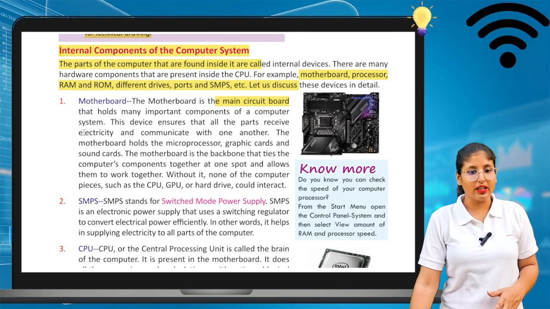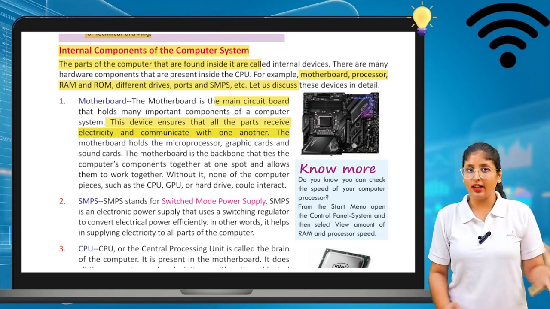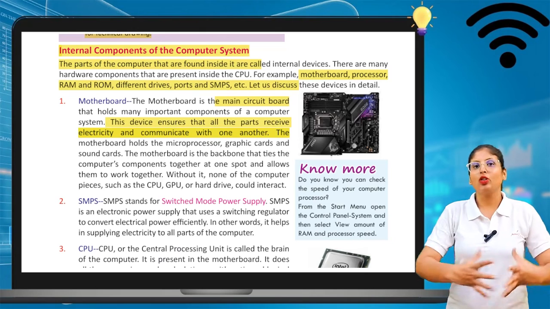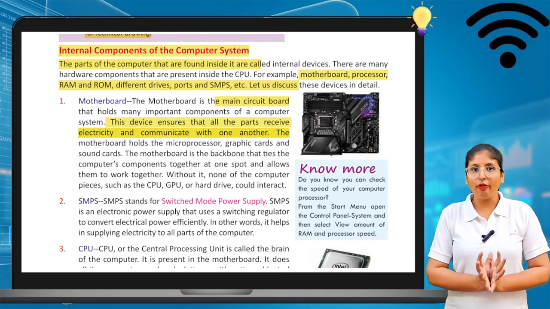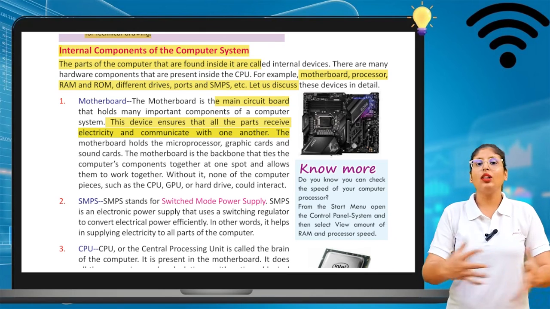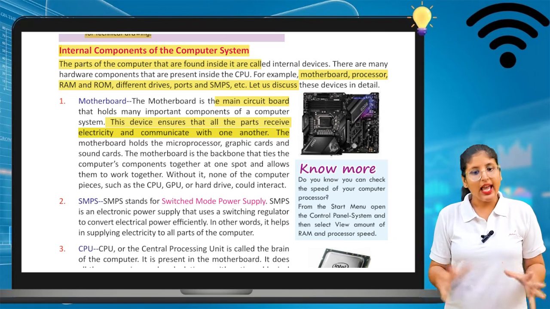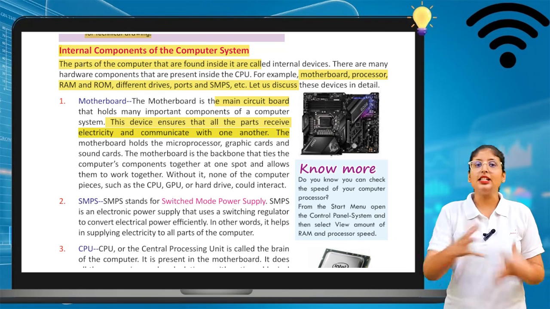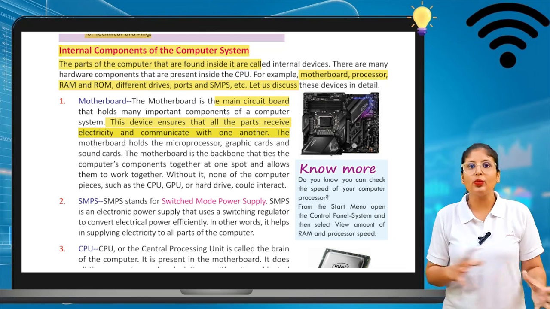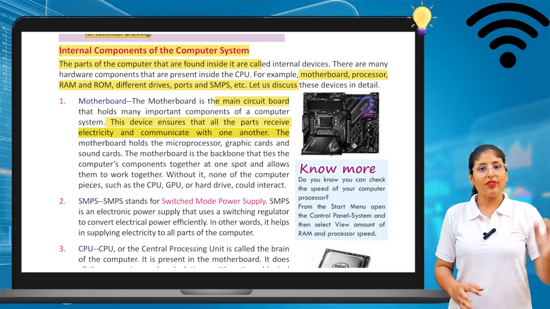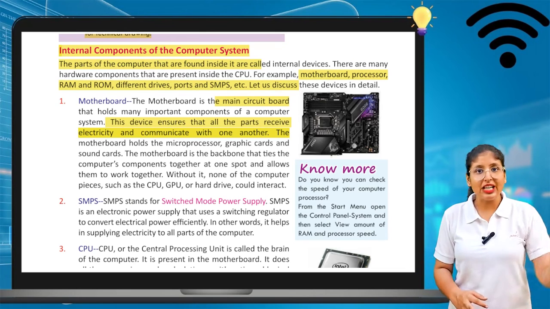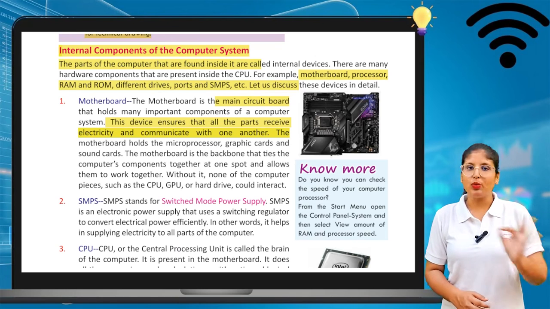So the motherboard works to connect all the parts of the computer, checks whether all the parts get electricity, and helps each and every part of the computer communicate with each other.